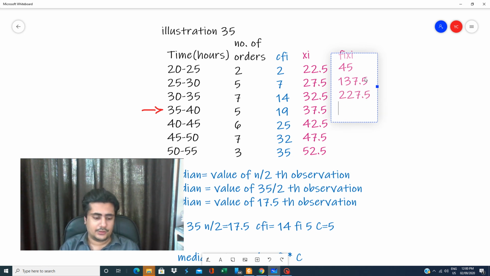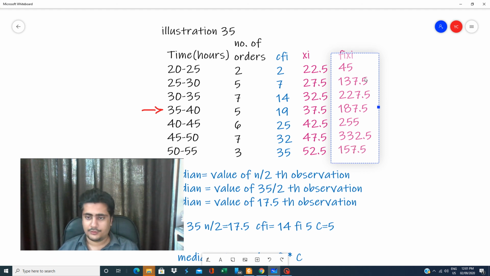Then 37.5 into 5, it is 187.5. 42.5 into 6, 255. 47.5 into 7, 332.5. Then 52.5 into 3, 157.5. Now what is the total of this fi xi?